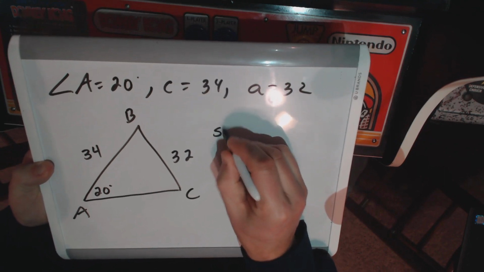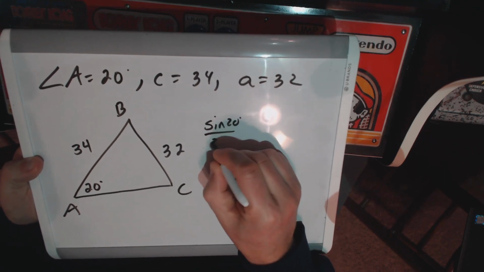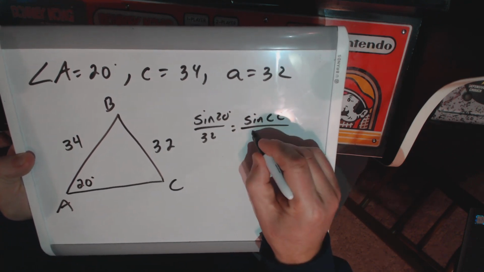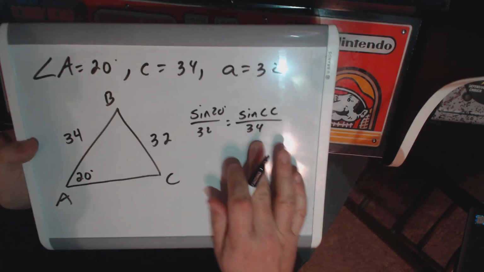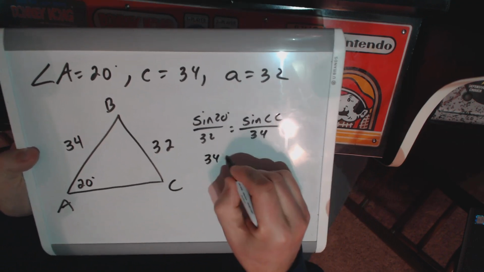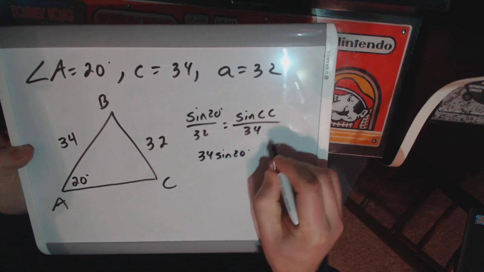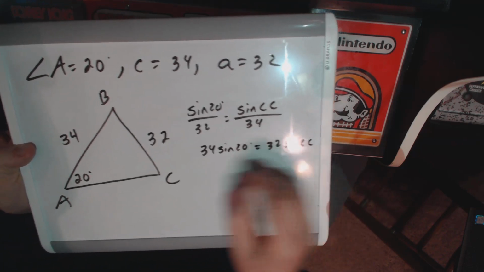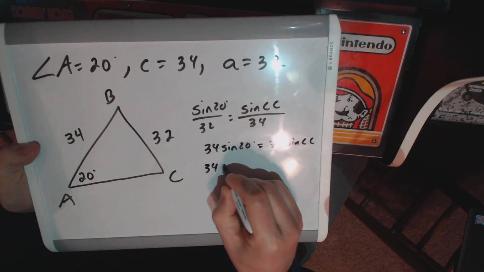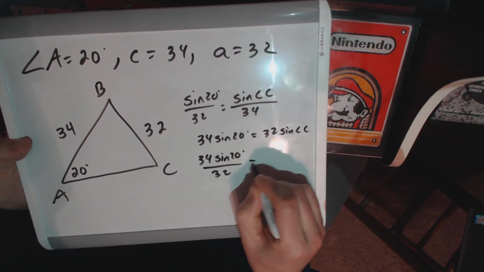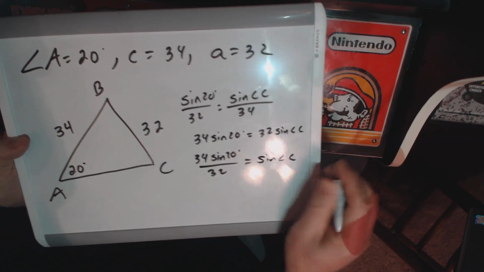You say sine of 20 over 32 equals sine of angle C over 34. And you do your cross multiplication. So 34 sine 20 equals 32 sine C, divided by 32, right? So 34 sine 20 over 32 equals sine of angle C, okay?